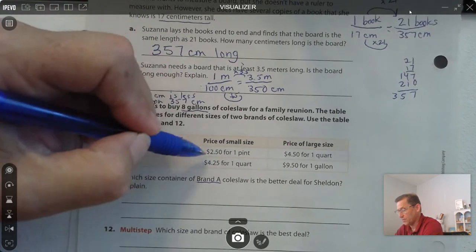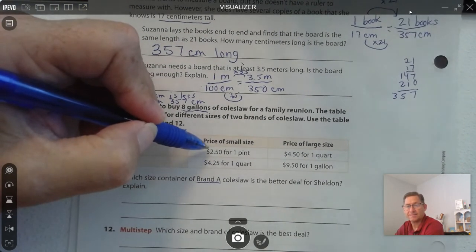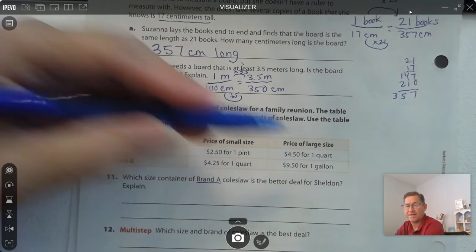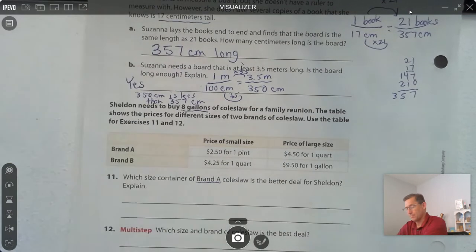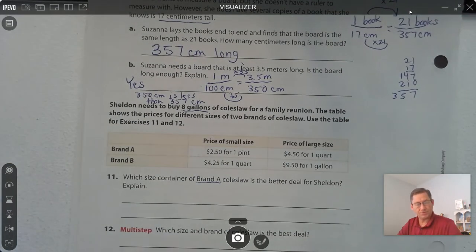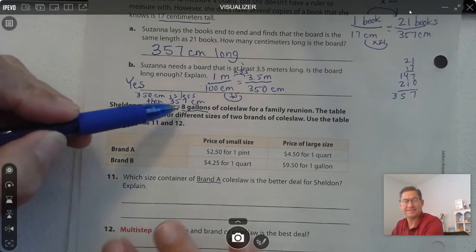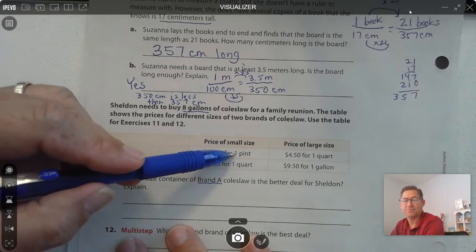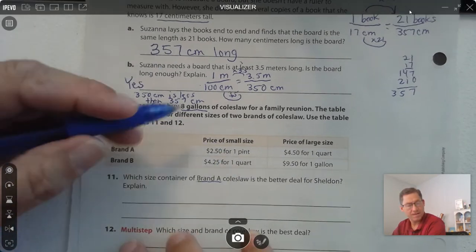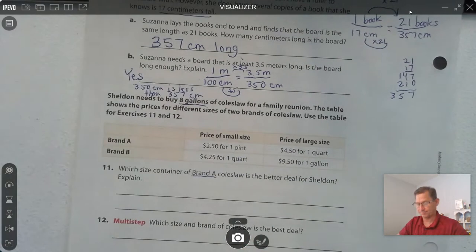All right, so we have $2.50 for 1 pint, $4.50 for 8 quarts. Okay, so let's change the number of gallons into pints. Okay, so let's start with 8 gallons.